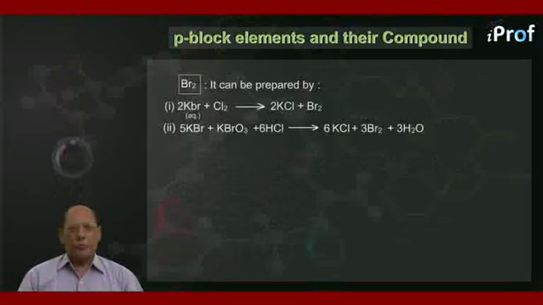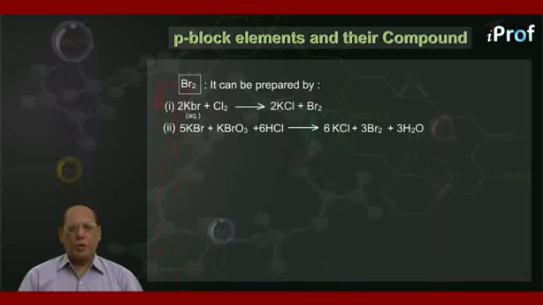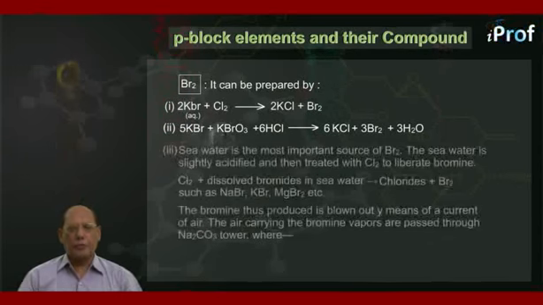Bromine. It can be prepared by number 1, KBr aqueous plus Cl2 giving 2 KCl plus Br2. Number 2, 5 KBr plus KBrO3 plus 6 HCl give 6 KCl plus 3 Br2 plus 3 H2O.